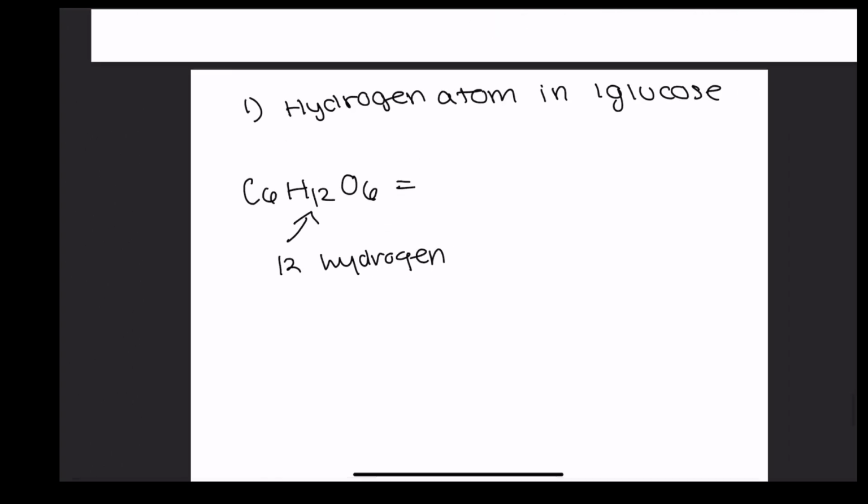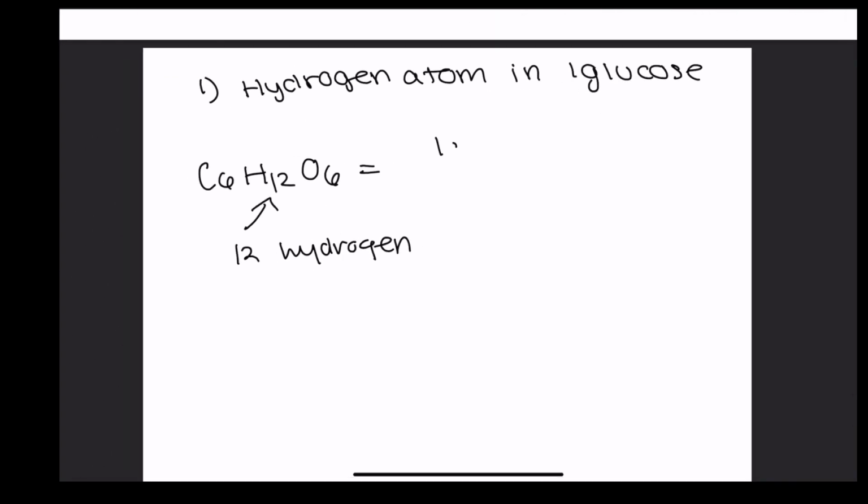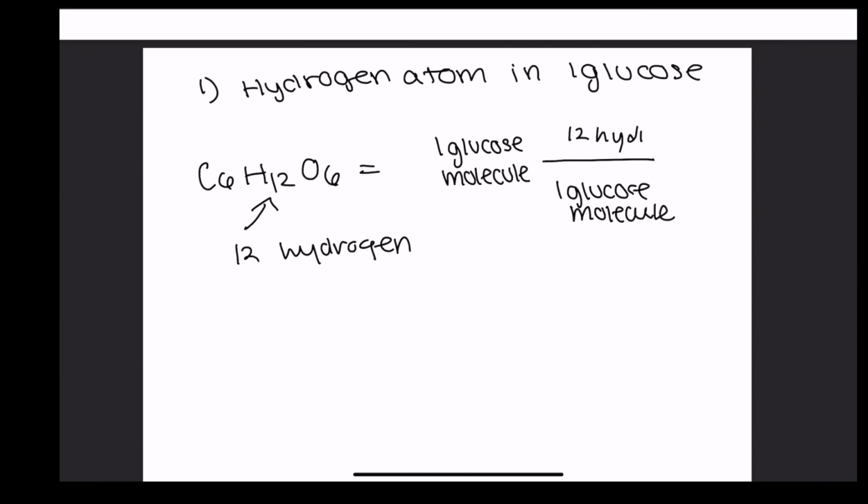So if we do the unit conversion, 1 glucose molecule, and then I'm going to put 1 glucose molecule on the bottom, and then 12 hydrogen on top. To cancel out the unit, 1 times 12 equals 12 hydrogen atoms. Okay.